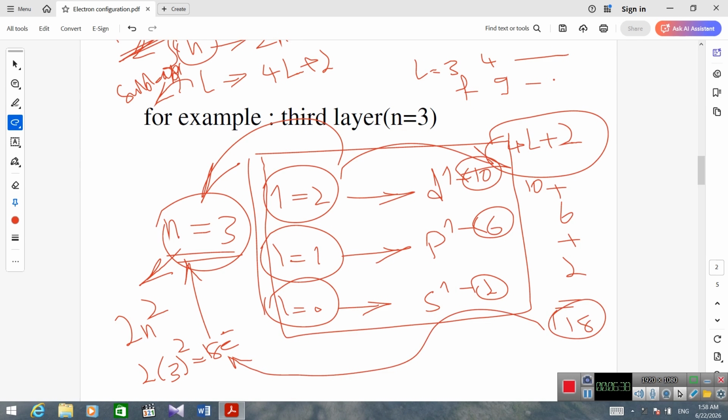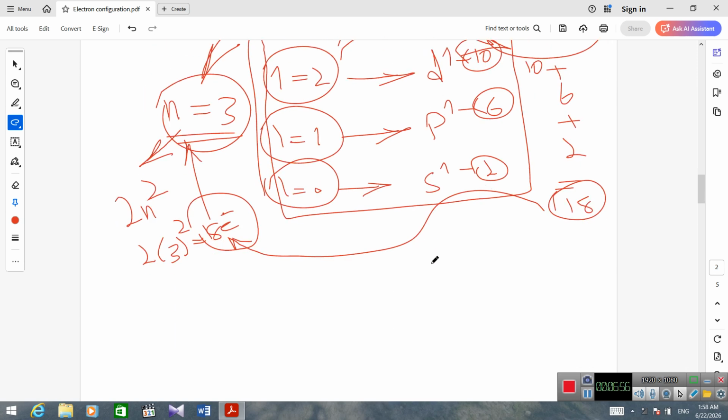As you can see, the total number of electrons in the sublayers is equal to the number of electrons in the layer, and in other layers we have the same situation.